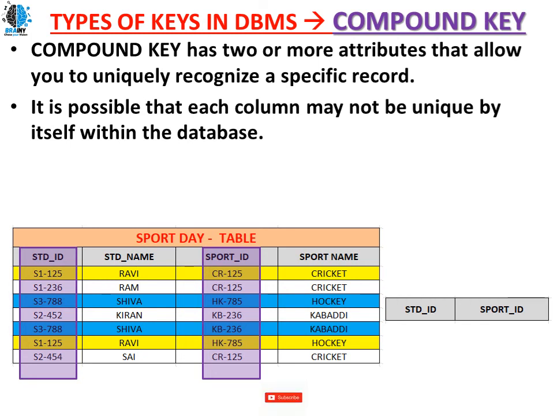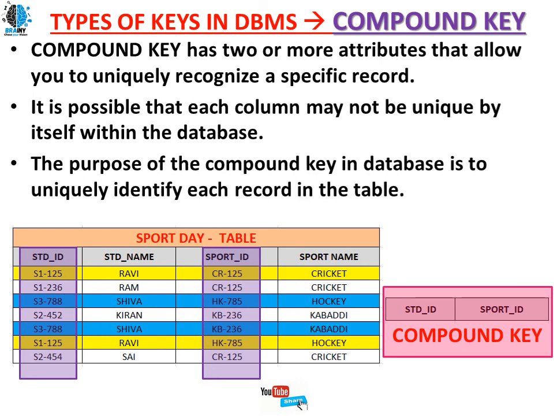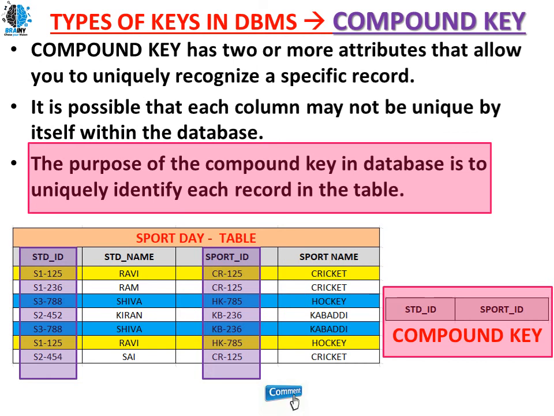The combination of these two will be called my compound key. The purpose of a compound key is to find out the unique record in the table. This is very important. A compound key is a combination of foreign keys.